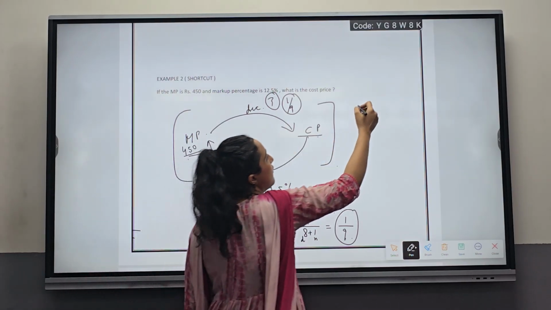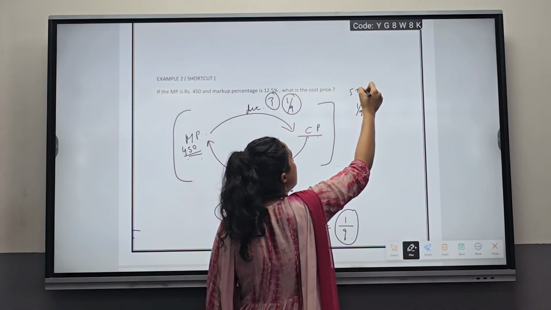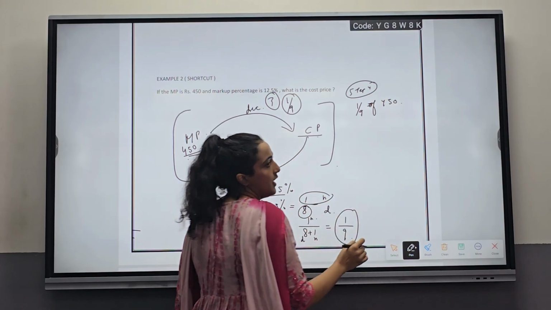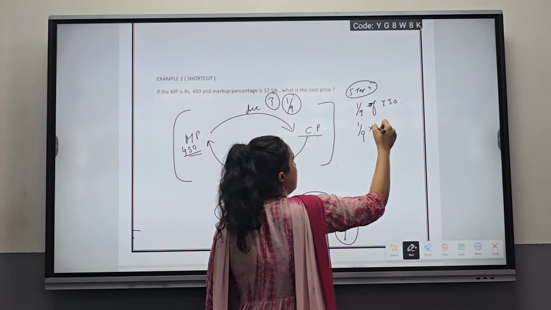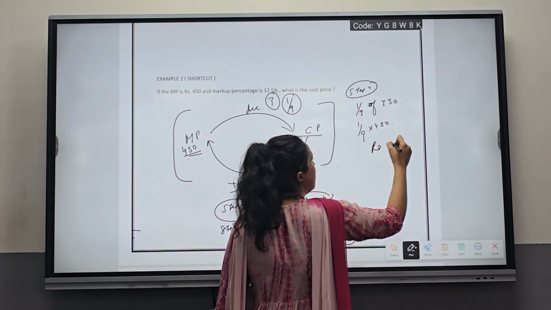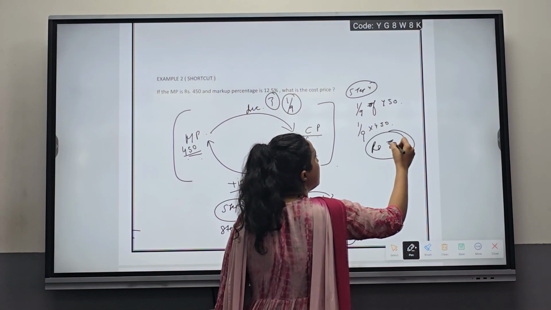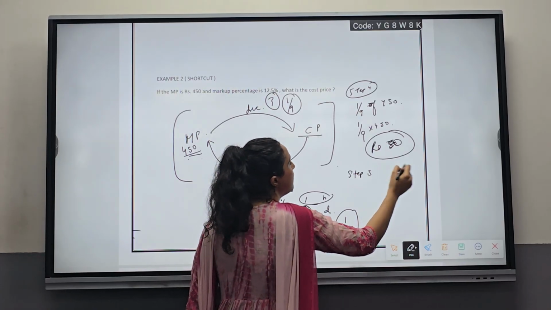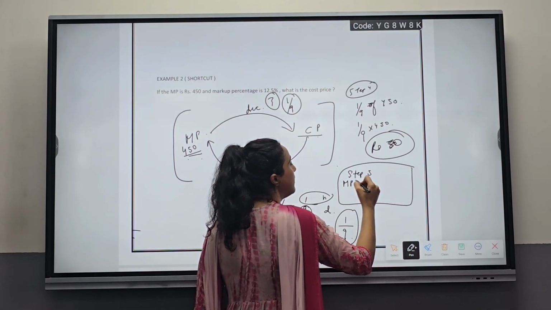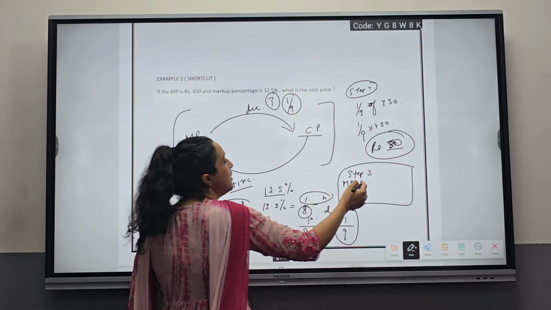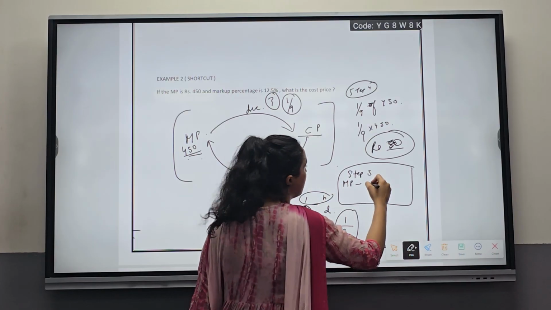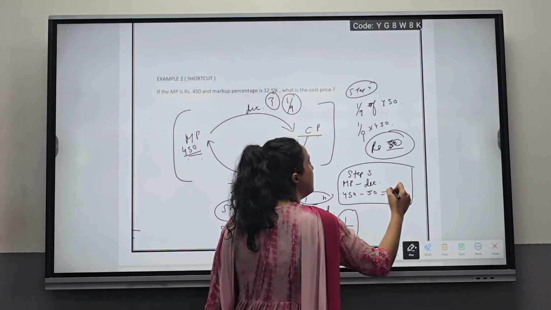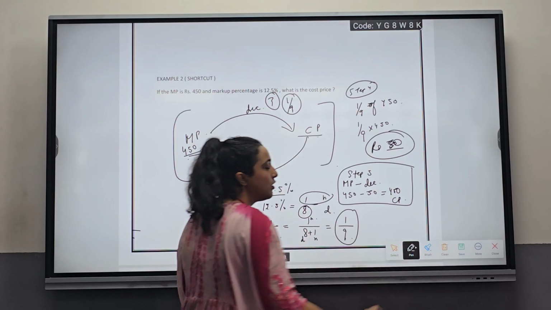Step 4, 1 by 9 of 450 you have to reduce. 1 by 9 multiplied by 450, rupees 50 you have to reduce. And step 5 is your answer, which is the marked price minus the amount which you have already decreased. That is, the marked price 450 minus 50. You will get 400 as your cost price.